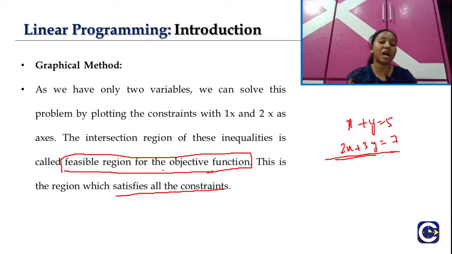But here we are having 5 different constraints, and they are inequalities, not exact equalities. So we'll be having an intersection region of all these inequalities, which is called the feasible region, which satisfies all the given constraints.